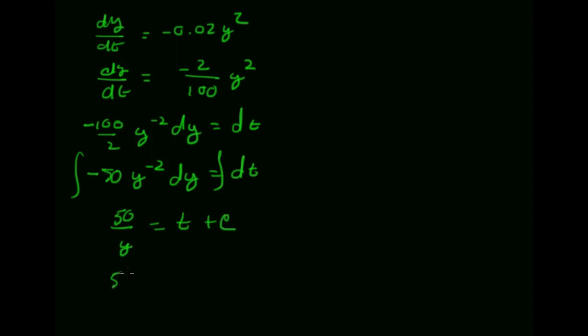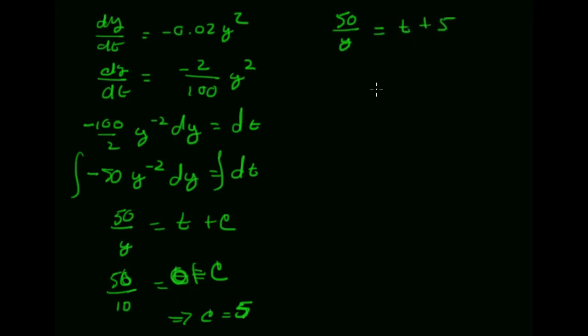So we know that y is 10 when t is 0. So that implies that c has to be 5. So 50 over y is t plus 5.